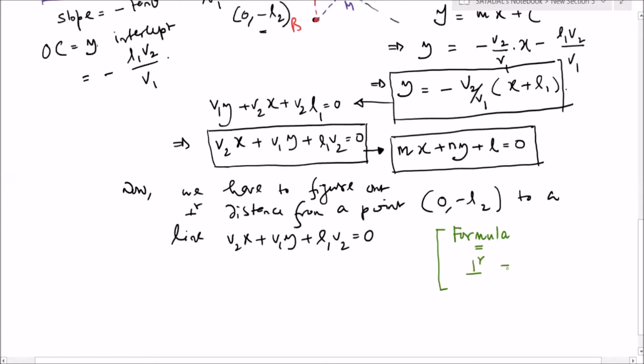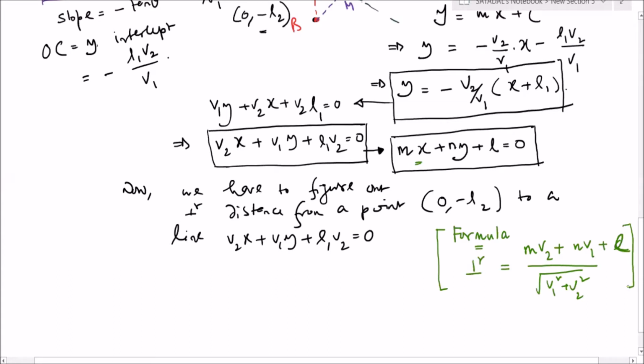Perpendicular distance is equal to, this is the line, so m into x plus n into y plus l, the constant I am talking about, by root under of v1 square plus v2 square.